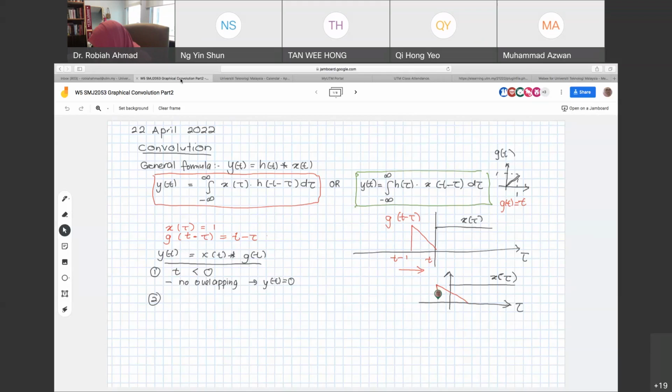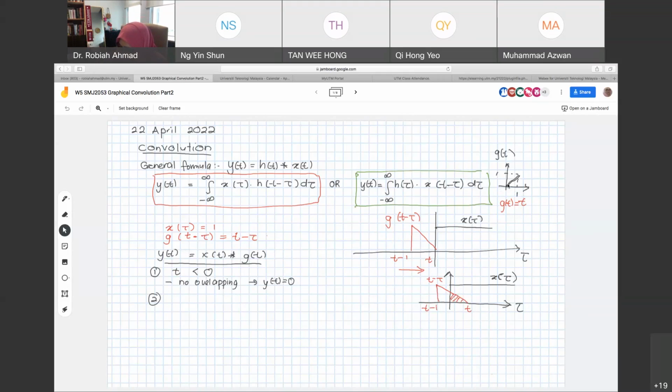So this is t minus tau, and then this is t, then this is t minus 1. Why minus 1? Because of this 0 to t here. So therefore, the overlapping will be here until the limit of t.